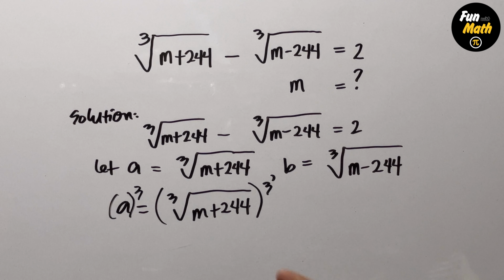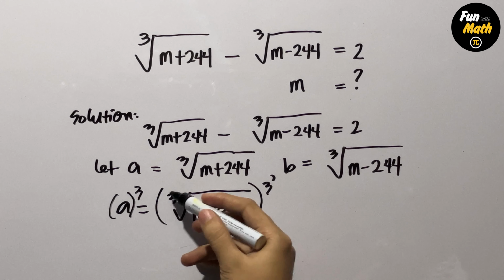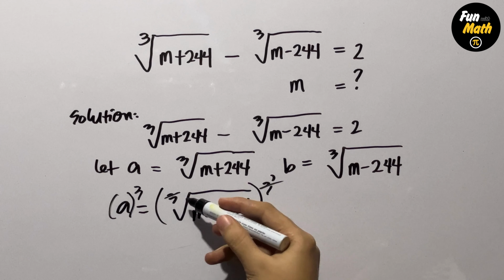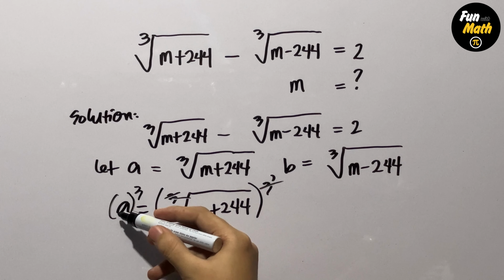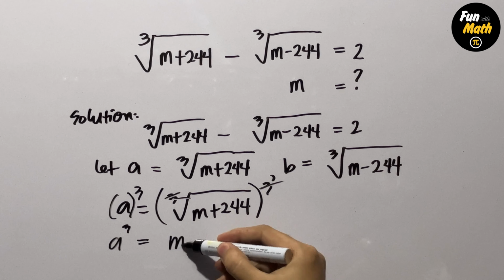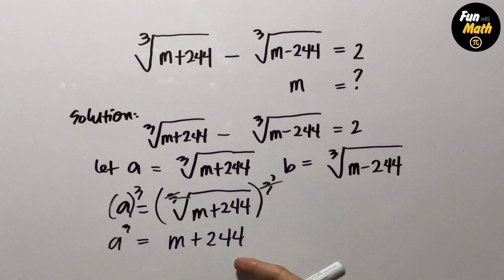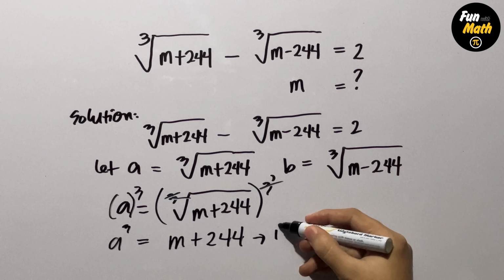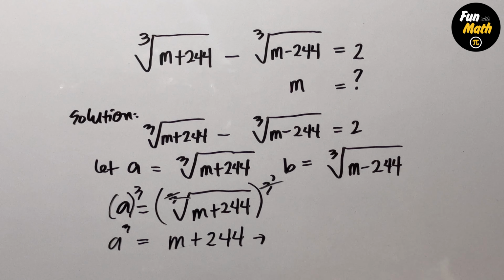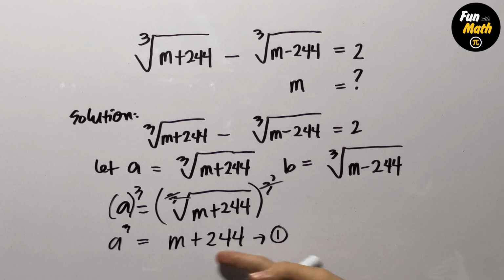The purpose is to remove the cube root here. So this is cancelled. So we have a cubed is equal to m plus 244. And consider this as our first derived equation.